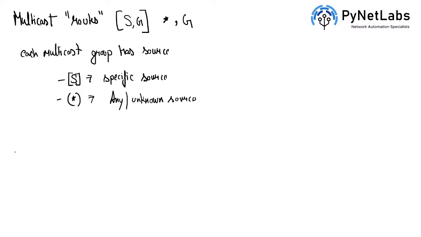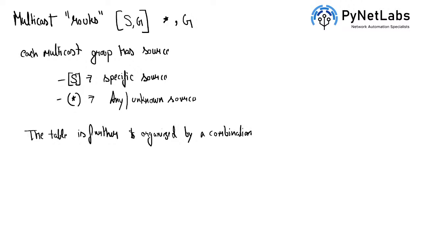The table is further organized by a combination of sources for the groups. These are the multicast routing tables we are talking about here.